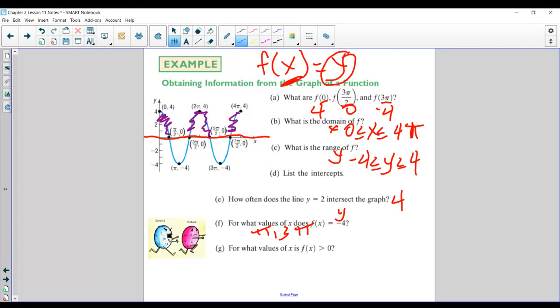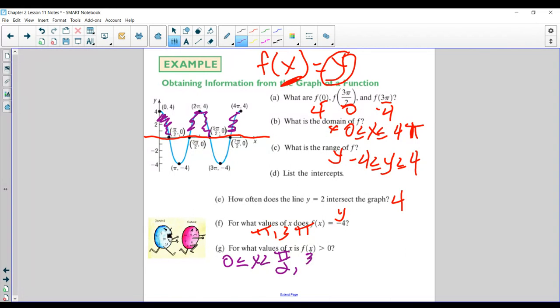The question does say what values of x, so I'm going to list the x coordinates between each squiggle. The first one would be 0 is less than or equal to x is less than pi over 2, because at pi over 2 it's equal to 0.